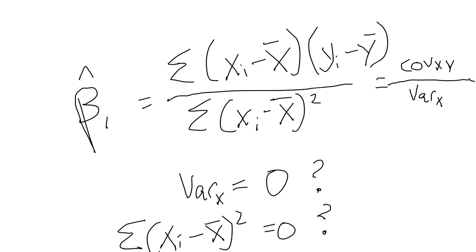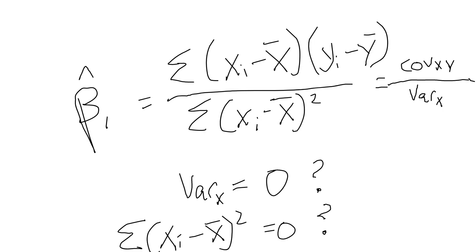If every x is 1, then x bar is going to be 1, and xi minus x bar is going to be 0 every single time, and so the sum of squares is going to be equal to 0. There's no variance. So if all x's are the same, then the variance is going to be equal to 0, and we're not going to be able to calculate the slope. The slope is going to be undefined.